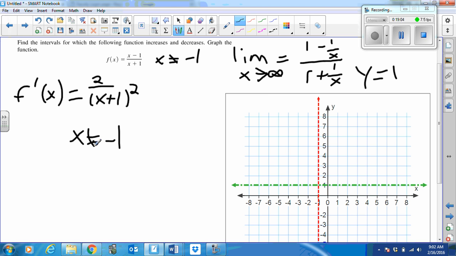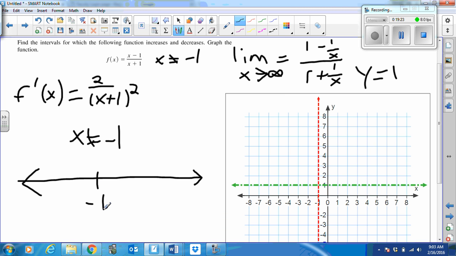We got that restriction from the domain of the original function, so it isn't considered a critical point. However, it is the boundary of the intervals on which we are going to test to see where our function is increasing and decreasing. So we're going to look at two different parts of the domain.